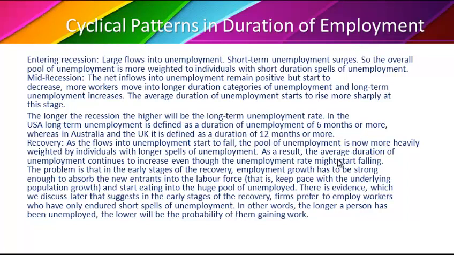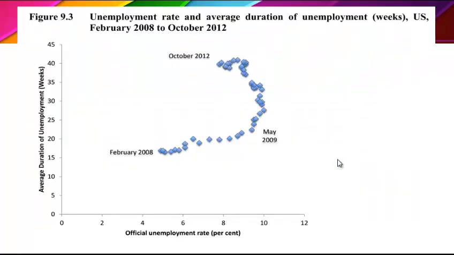So here is a graph of the Australian duration of unemployment. If you look at February 2008, the duration of unemployment is about 15 months, and the unemployment rate is about 5%.